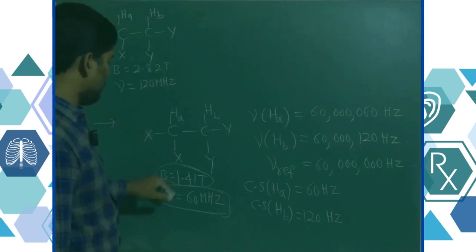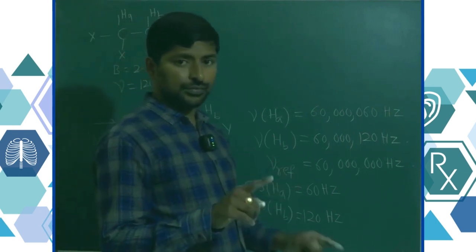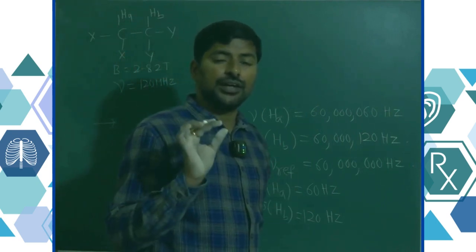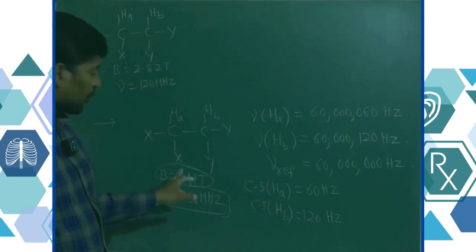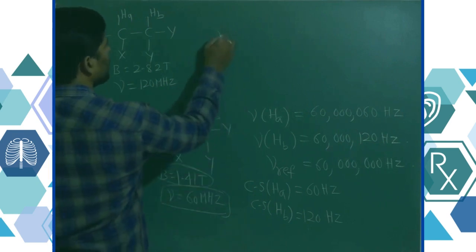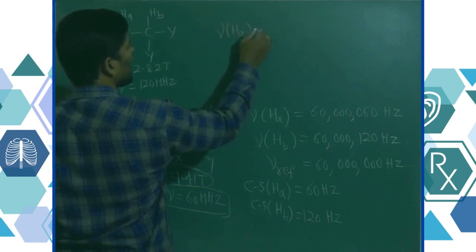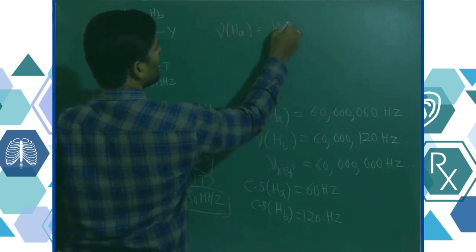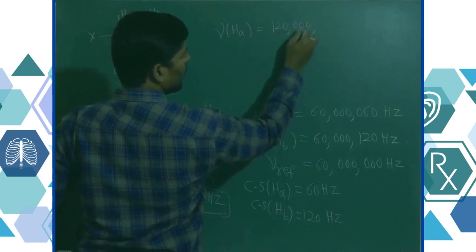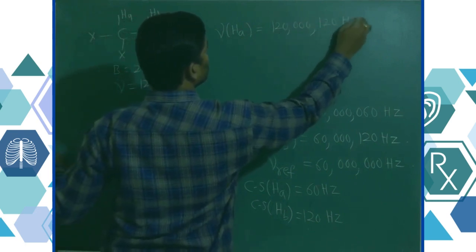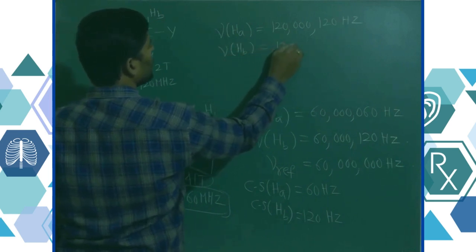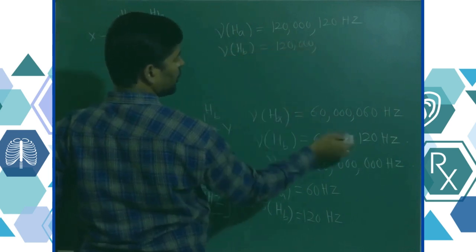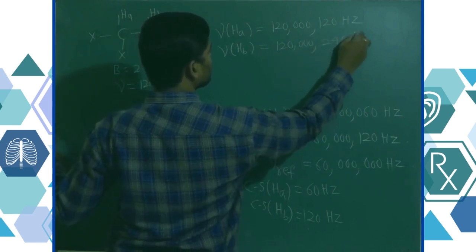You know, resonance frequencies are directly proportional to the applied magnetic field. So now the resonance frequency of HA we may get as 120 million plus 120 hertz, and the resonance frequency of HB we may get as 120 million plus 240 hertz.